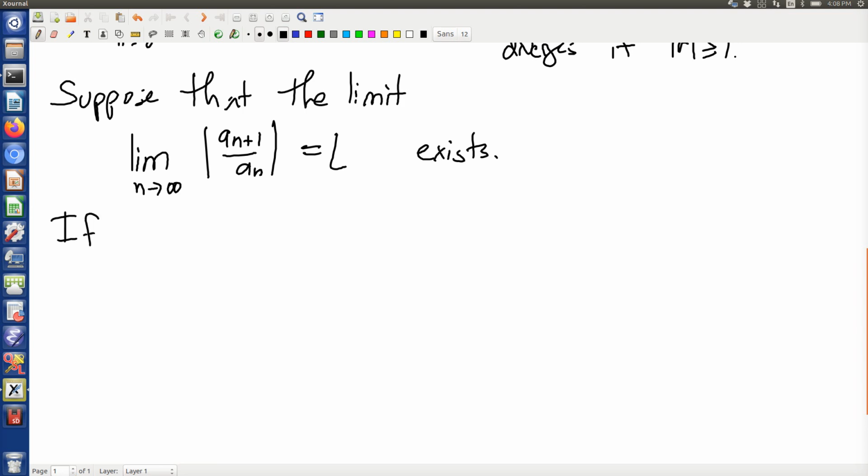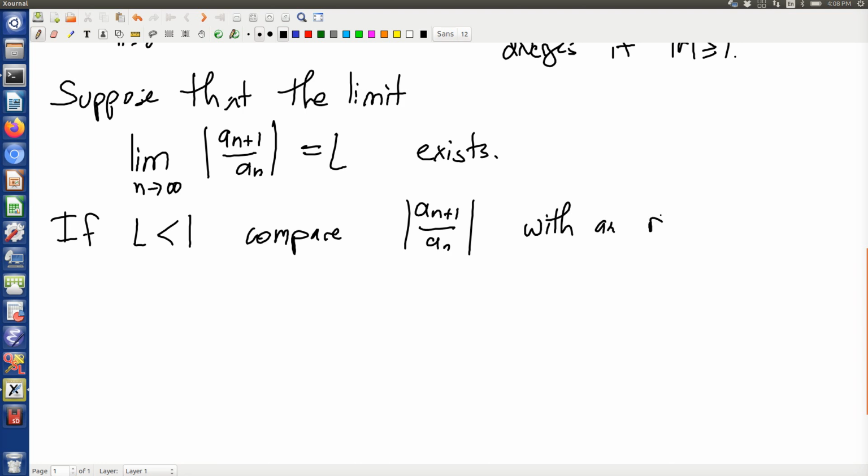If L is less than 1, compare a_{n+1} over a_n with an r that's going to be less than 1. But this does not actually always work. There may be no real comparison.